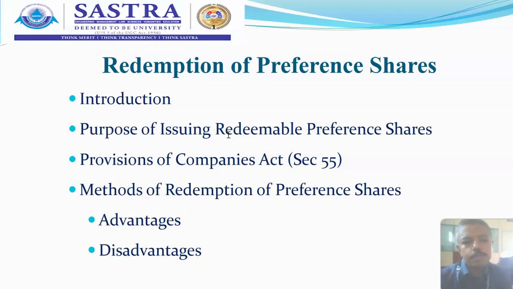Through the process of redemption, a company can also adjust its financial structure, for example, by eliminating preference shares and replacing those with other forms of securities, if future growth of the company makes such a change advantageous.